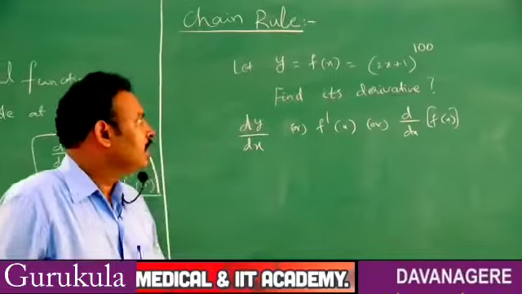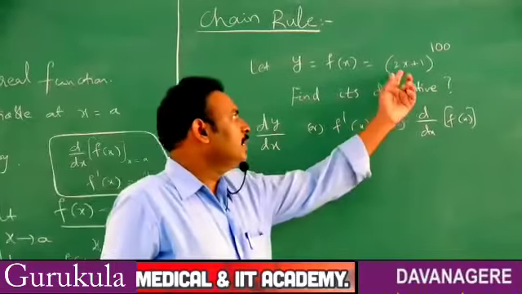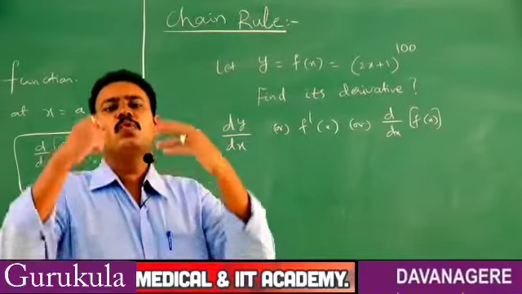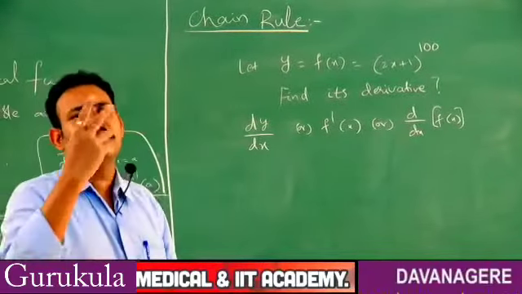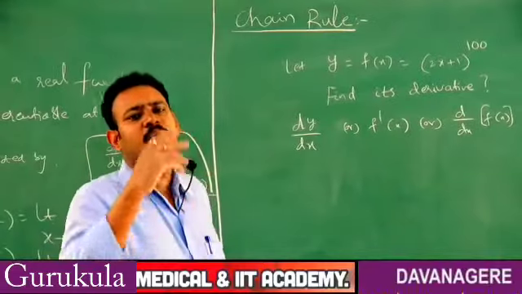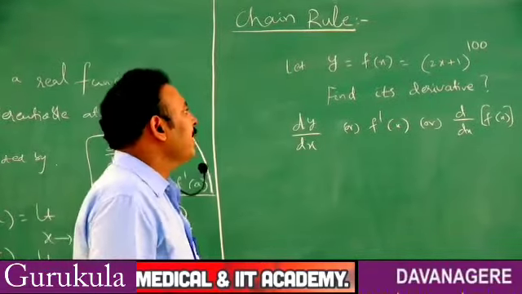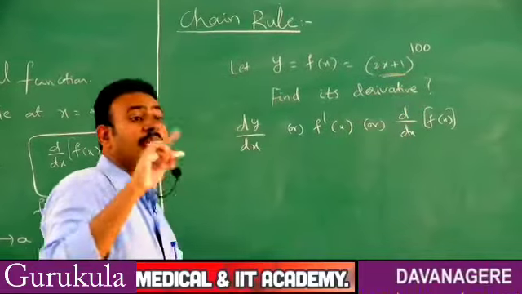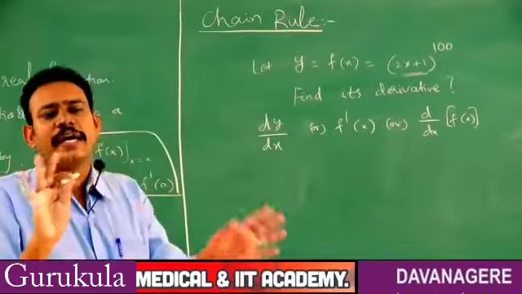Here, 2x plus 1 is one function, and 2x plus 1 whole power 100 is just like the x power n form. But in the place of x, 2x plus 1 is there, not x.